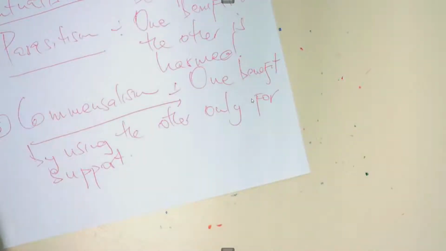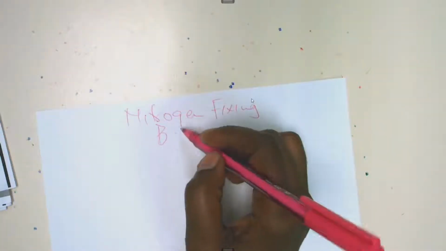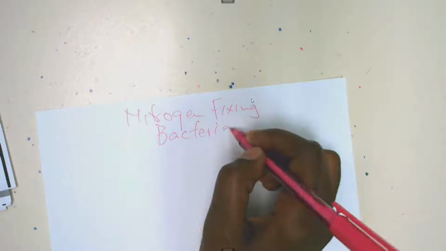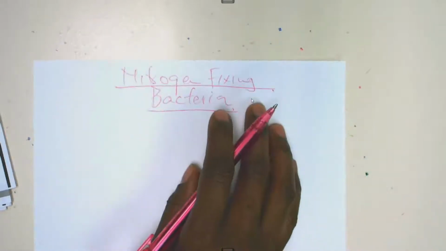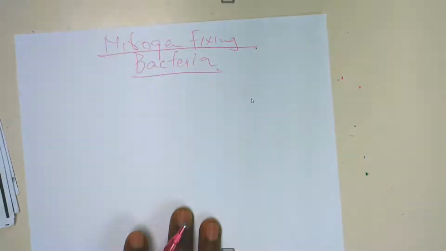So let us look at examples of mutualism. We are going to do two, which are the nitrogen fixing bacteria and the E. coli in the human intestines. One of the examples of mutualism is nitrogen fixing bacteria.